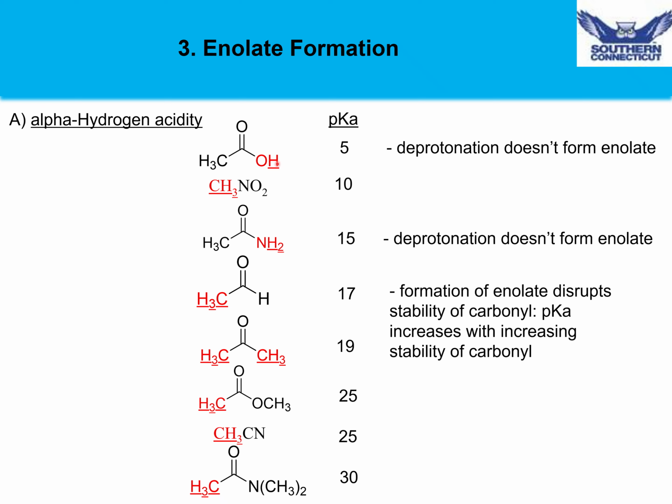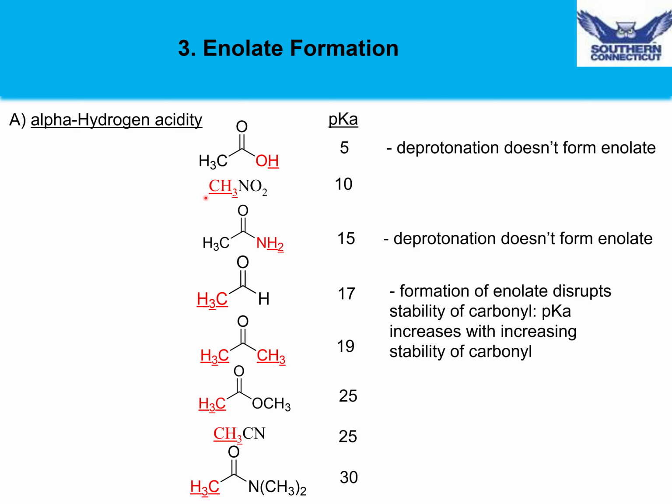Carboxylic acids have a pKa of about 5, and that pKa value refers to the hydrogen on the oxygen. So when a carboxylic acid is treated with base, typically it is that hydrogen that is deprotonated first. This methyl nitro compound, when treated with base, can also be converted into a compound that is similar to an enolate.